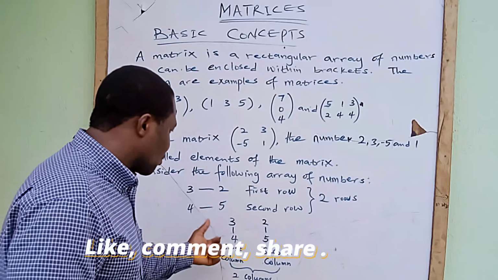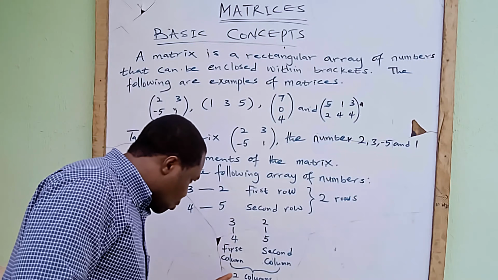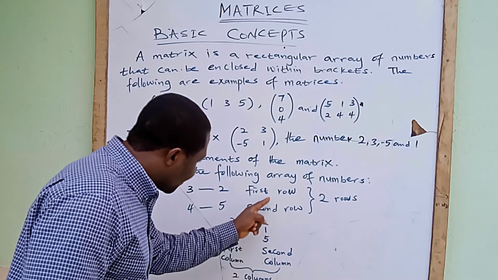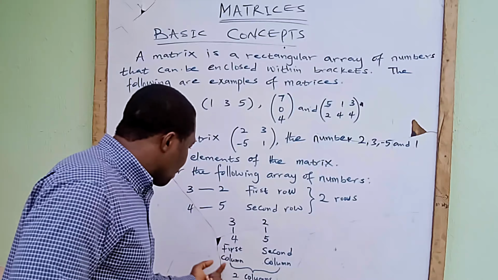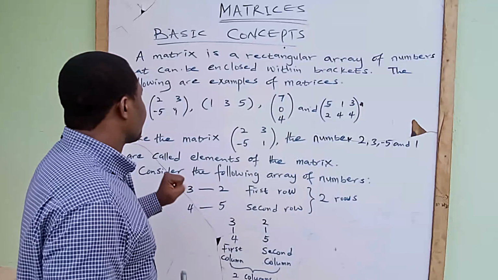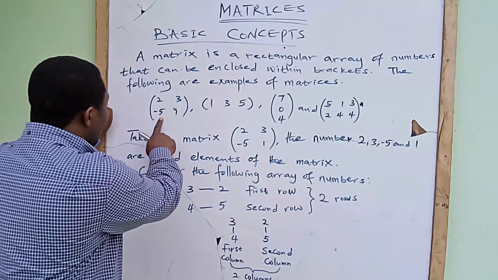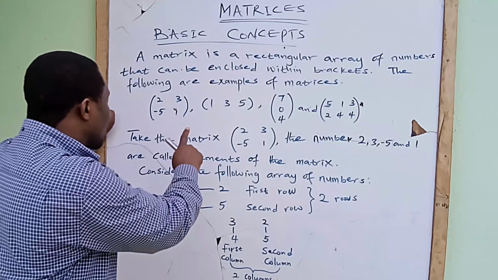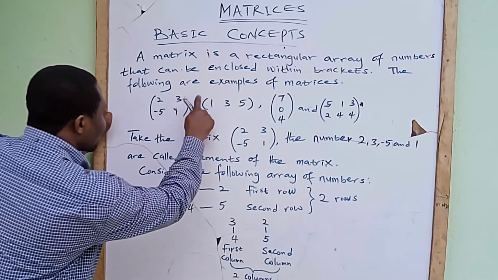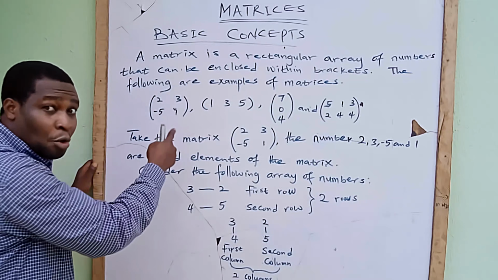Let's look at this. 3, 1, 4 are the first column. 2, 1, 5 are the second column. So this type of matrix has 2 columns. Let's look at this: 2, 3, minus 1, 5, 1. There are 2 rows here, first row, second row, and first column, second column. Can you see that?